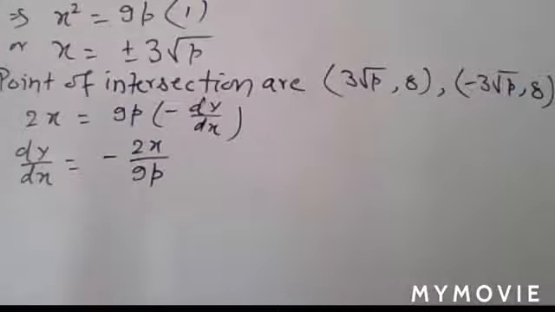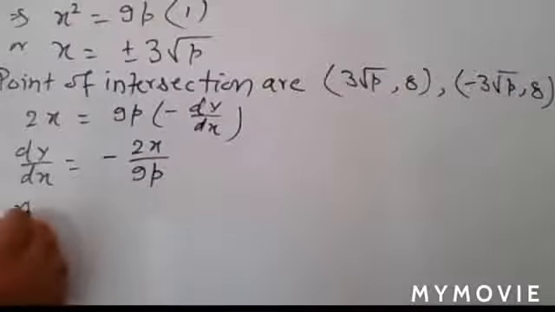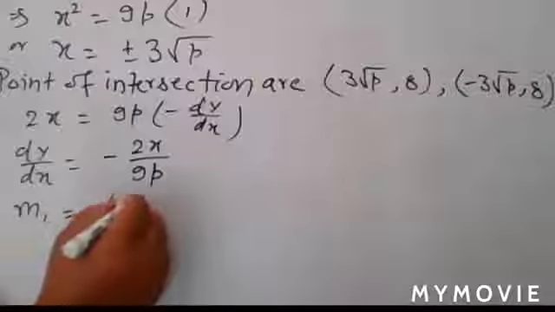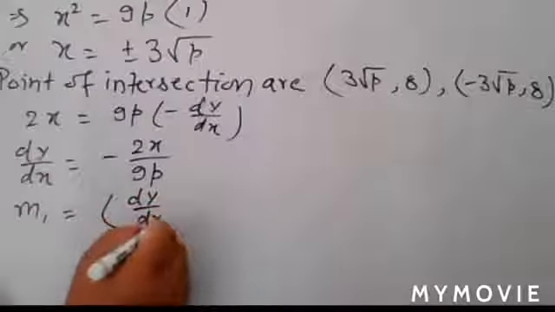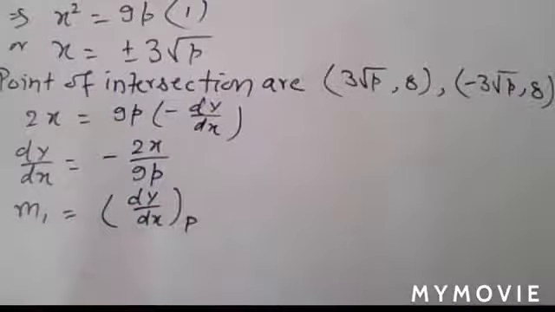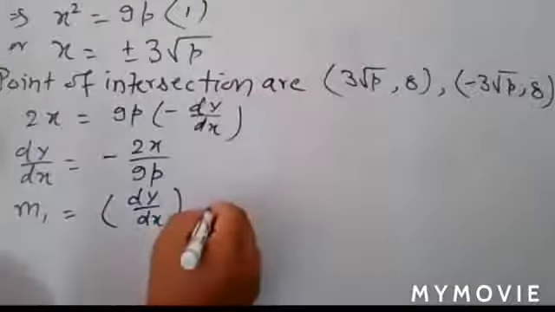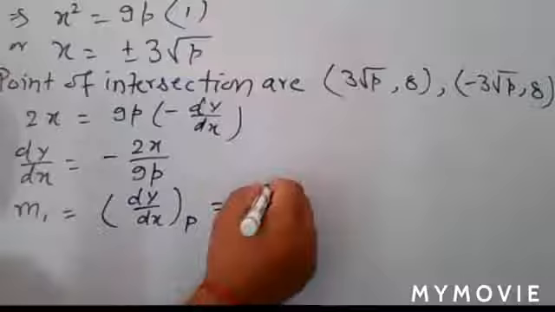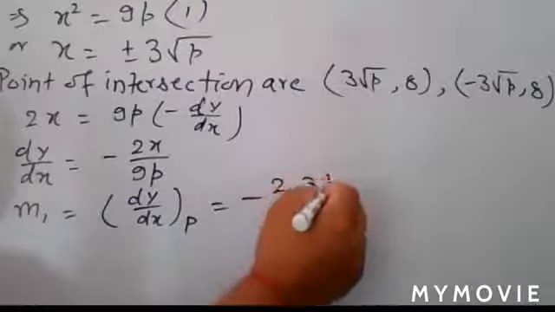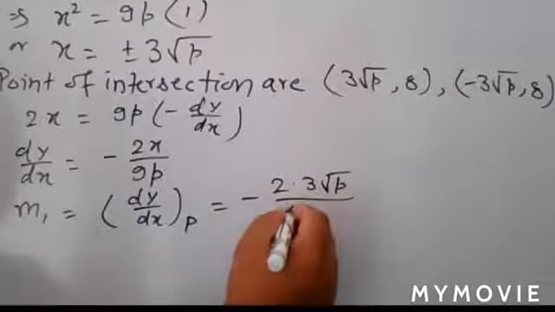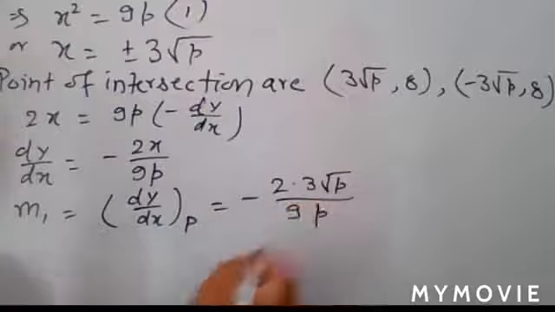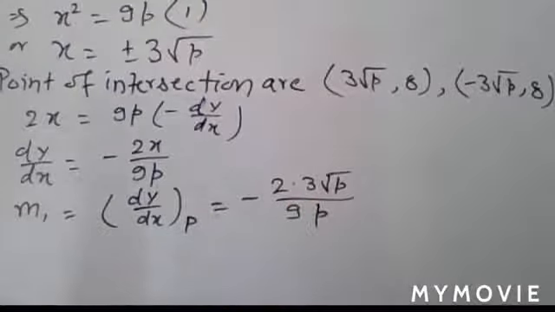With the help of that, you can find the value of m1. So m1 is dy by dx at the point of intersection. Here you take this positive value: minus 2 into 3 root p upon 9 times p.